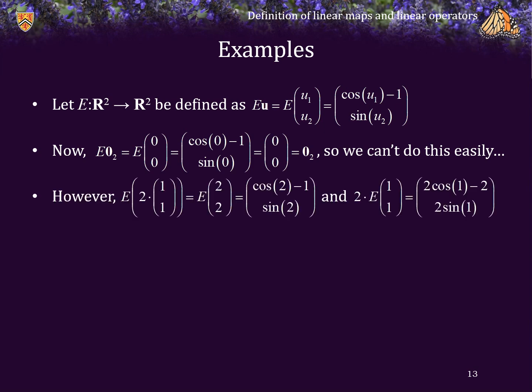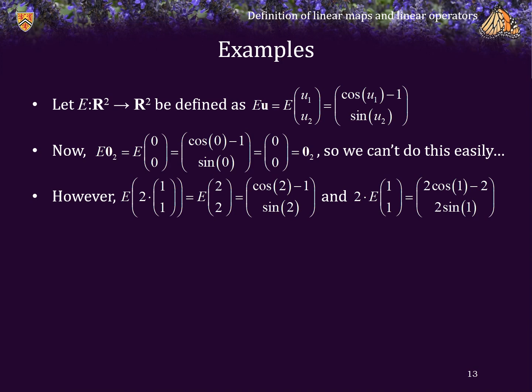However, notice that this mapping E applied to 2 times the vector 1, 1 is equal to E applied to the vector 2, 2. That's equal to cos of 2 minus 1 and sine of 2. However, 2 times E applied to the vector 1, 1, if you expand it out, becomes 2 times cos of 1 minus 2 and 2 times sine of 1.